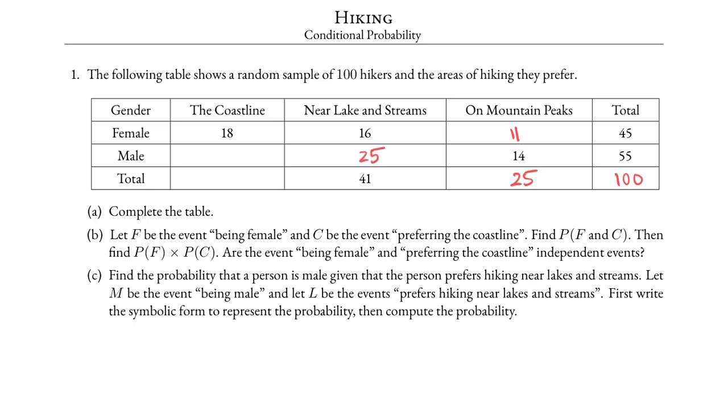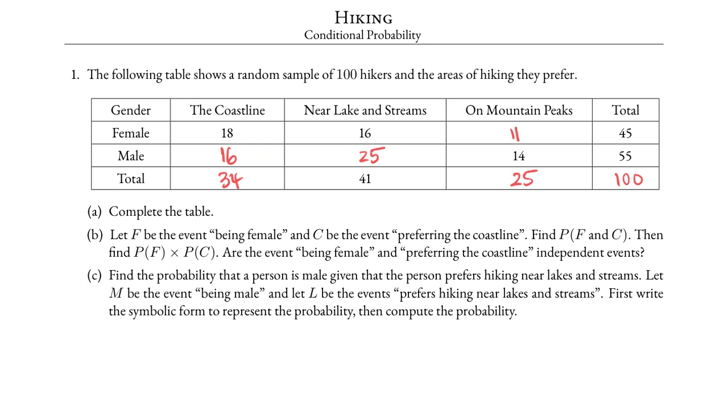Now that we have 25, 14, and the total of 55, we can find the missing number for the row that indicates male. 55 minus 25 minus 14 is 16. And again, we can check that 16 plus 25 plus 14 equals 55. And 18 plus 16 is 34. And so we completed the table.